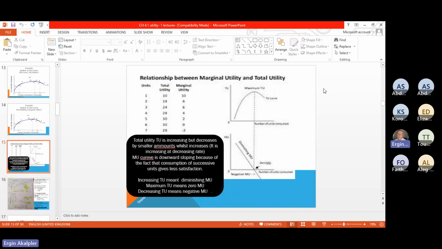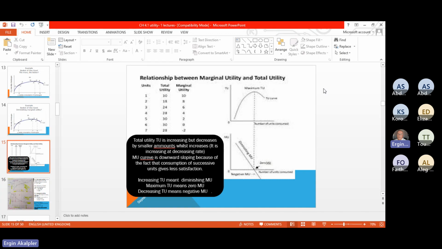And here one more example is given, the relationship between marginal utility and total utility. As you are observing, the total utility is given, units given, and marginal utility is estimated delta U over delta X or delta Y, whatever it is.